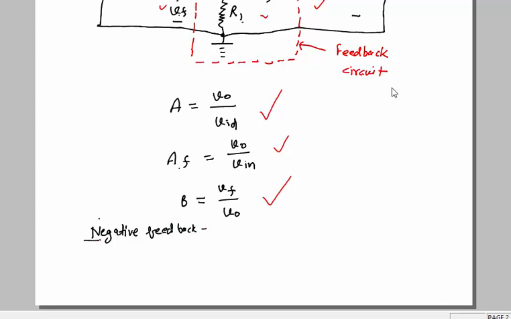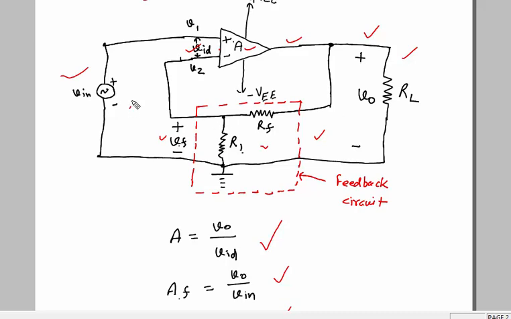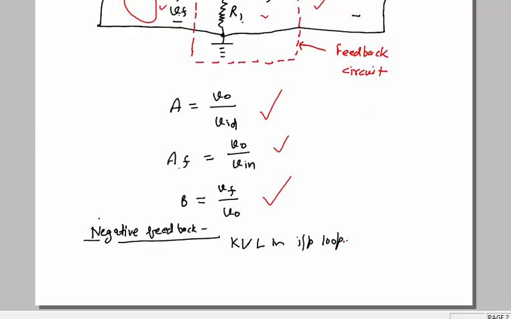Okay, so for this, if we apply KVL in the input loop, let's see what the input loop is here.